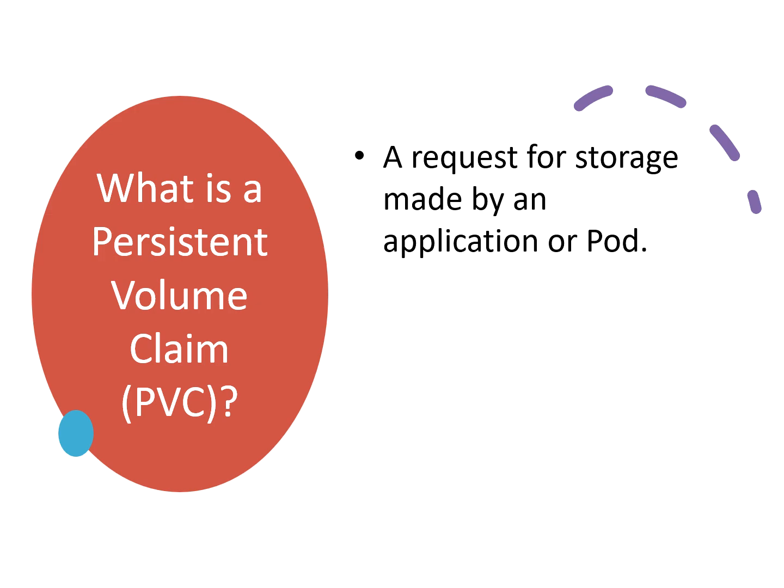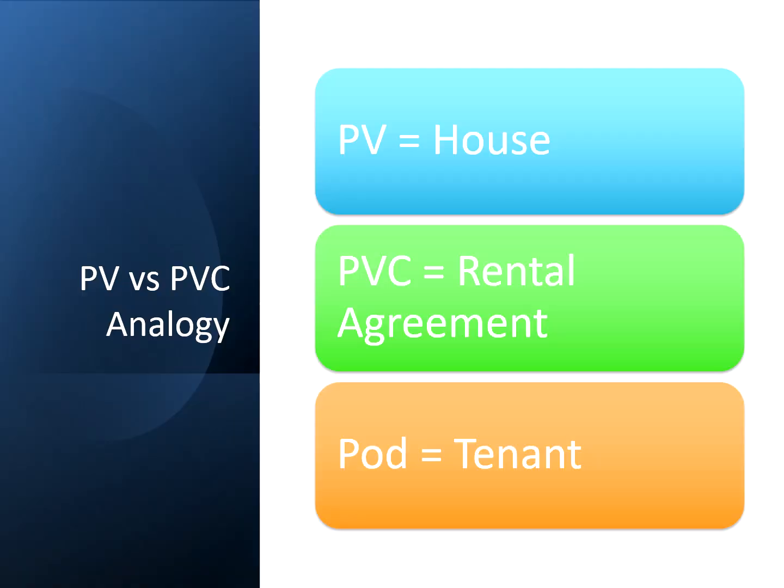Then Kubernetes will find a matching PV and bind it automatically. This separation makes storage management flexible. PV and PVC analogy, for example: PV is the house, PVC is an agreement, and the pod is a tenant.